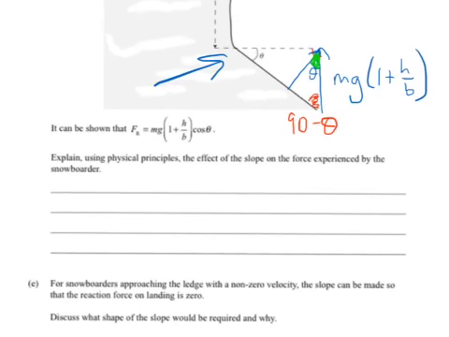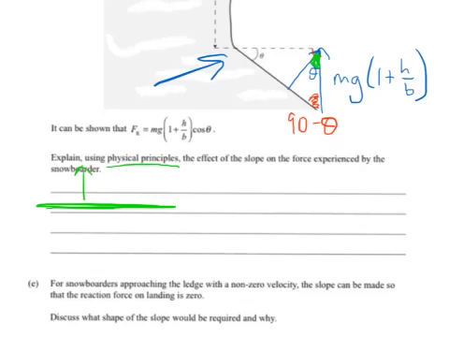Anyway, that's deriving it. That's not actually what the question's asking us. We're asked to explain using physical principles the effect of the slope on the force experienced by the snowboarder. So it helps to consider the extremes. When the slope is at a 0 degree incline, the full reaction force is experienced.